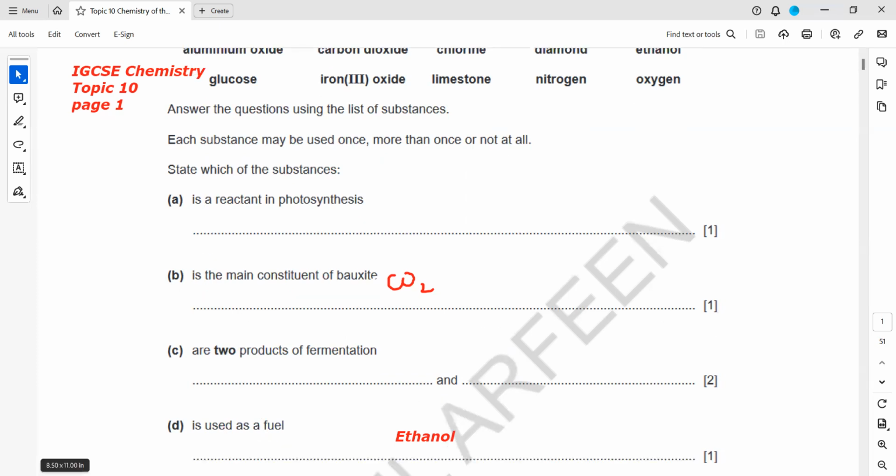So ethanol is used as a fuel. If hydrogen was in the list, then hydrogen is acceptable. Hydrogen can be used as a fuel, but because it's not in the list, we cannot write that.